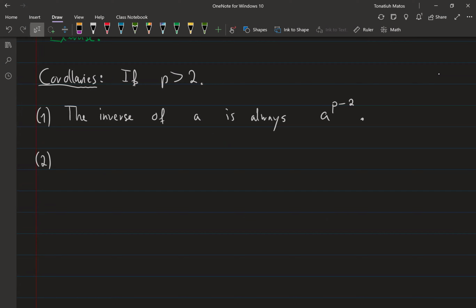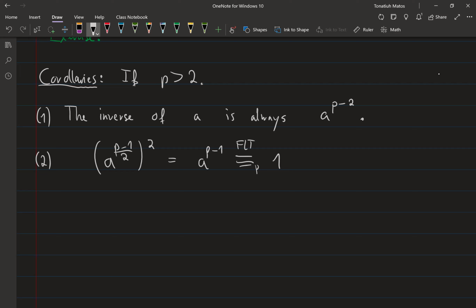Another one that I find very intriguing is this: what happens if you take A to the P minus 1 divided by 2? Dividing by 2 makes sense because P is bigger than 2, so P is always odd and P minus 1 is always an even number. So what happens if you take this number and you square it? Well, this is just A to the P minus 1, which according to Fermat's little theorem, mod P is 1.